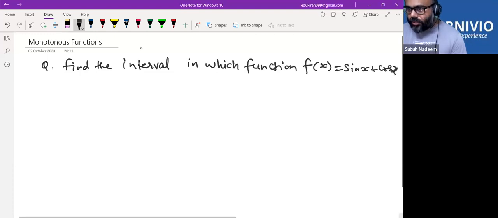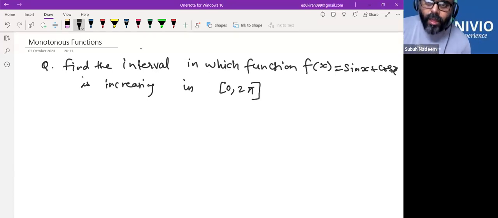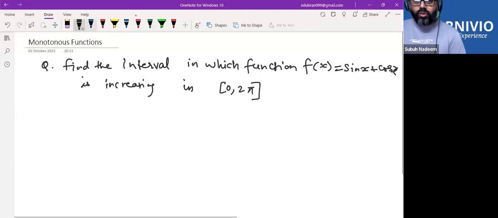This is sin x plus cos x is increasing in 0 to 2 pi. Do you remember last class we did increasing, decreasing now? So using that concept, you have to do this question.